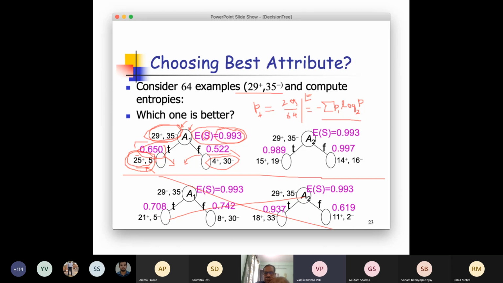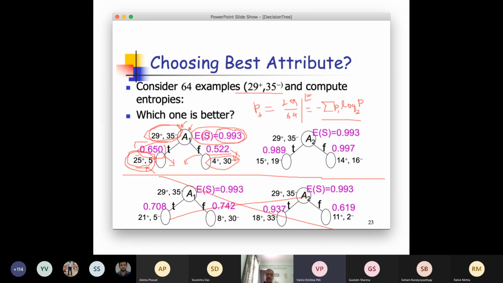But at the other end, suppose both are similar, say 4 plus and 4 minus. Then the entropy of this node is quite high.